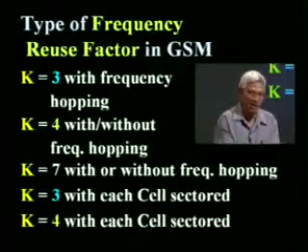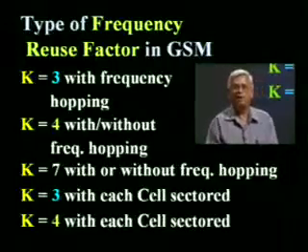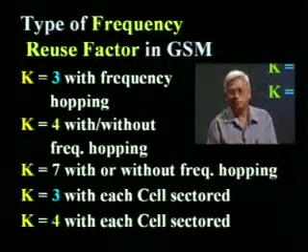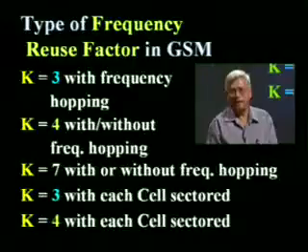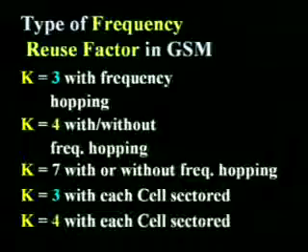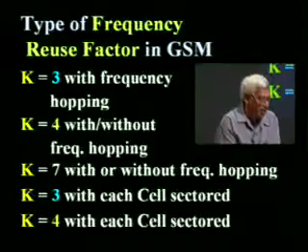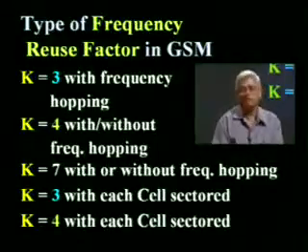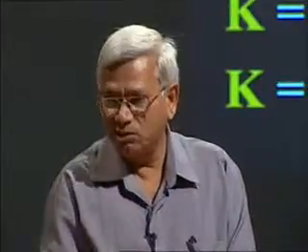So, K 3 and K 4 are meant for CDMA systems. Reliance and Tata use the CDMA system. K equal to 7 with or without frequency hopping. K equal to 3 with each cell sector. K equal to 4 with each cell sector. So, these are for when there is no hopping, meaning GSM. Airtel and BSNL use the GSM system.